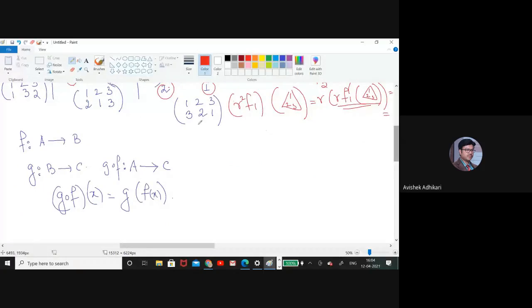F is here, the flip against the vertical line. F was like this, 1, 2, 3. Initially I started with F1.